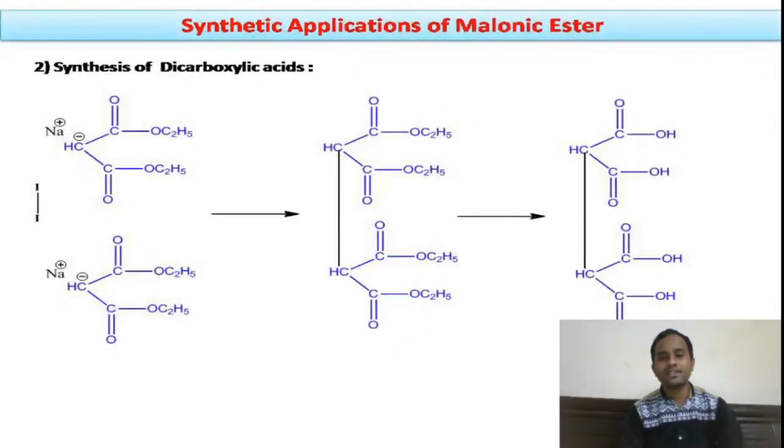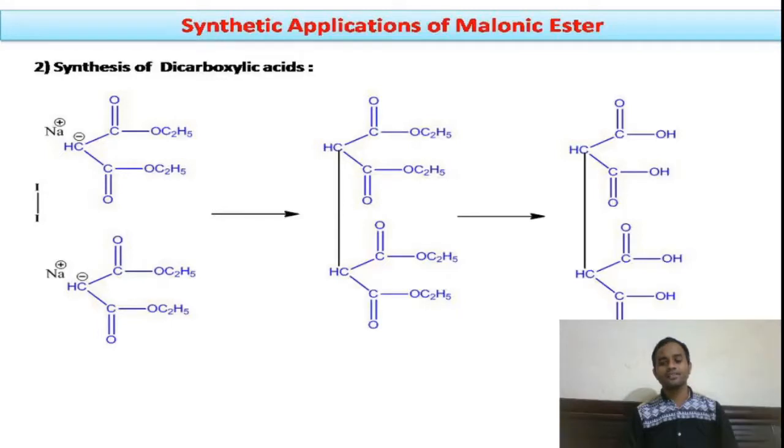And coming to the second application of malonic ester, that is the synthesis of dicarboxylic acids. We can also synthesize the dicarboxylic acids from the malonic ester by this slide.